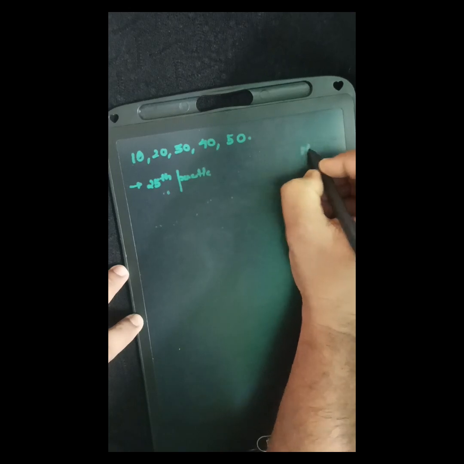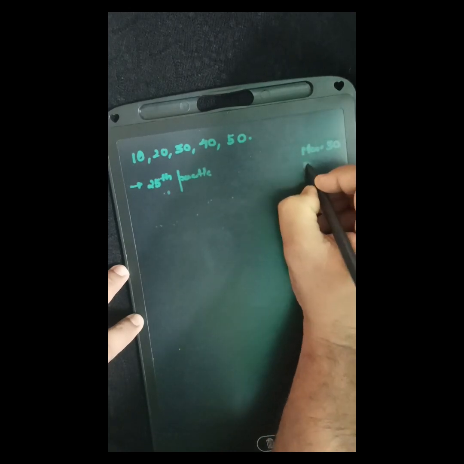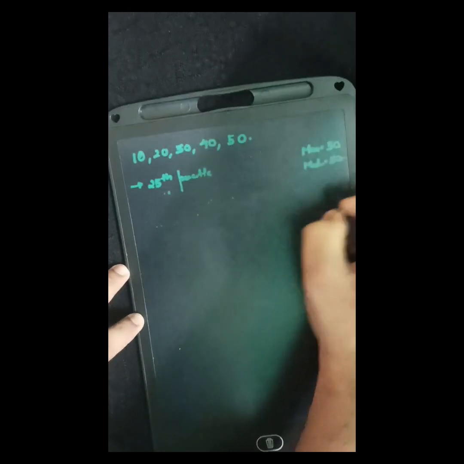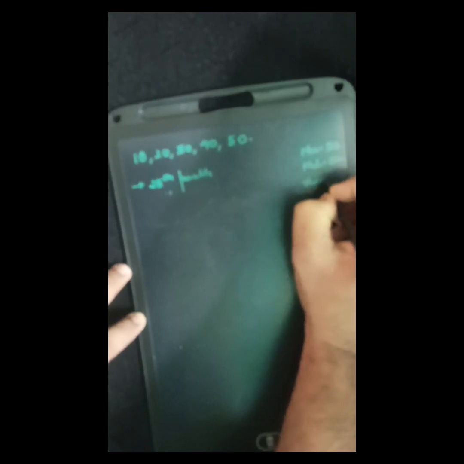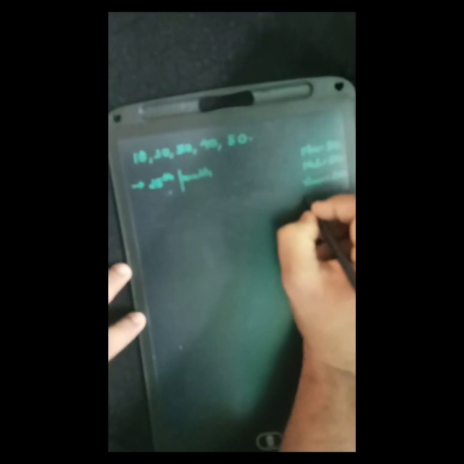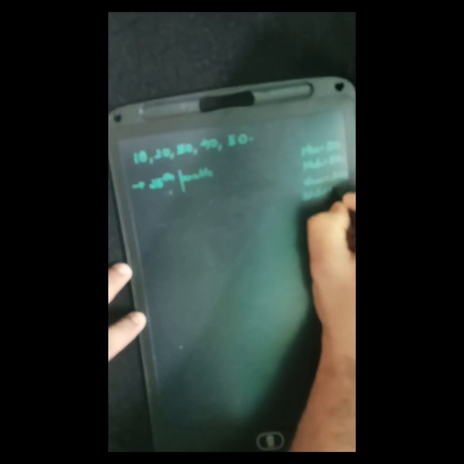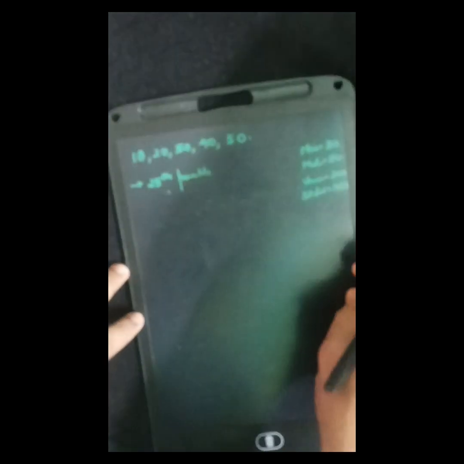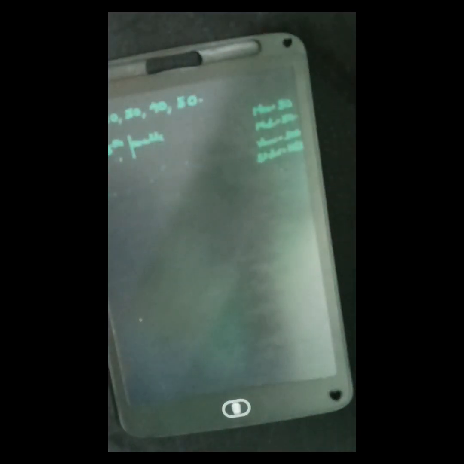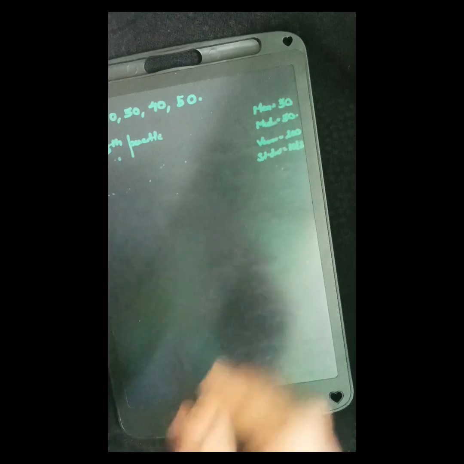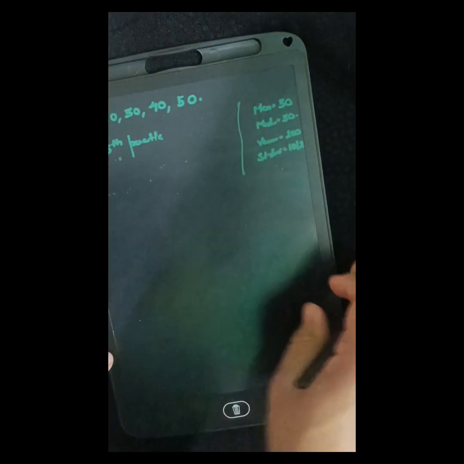We had mean equal to 30, median equal to 30, the deviation data set as given, variance 200, and the standard deviation we got is 10 root 2. I think this is visible. Yes, this is what I've written over here.